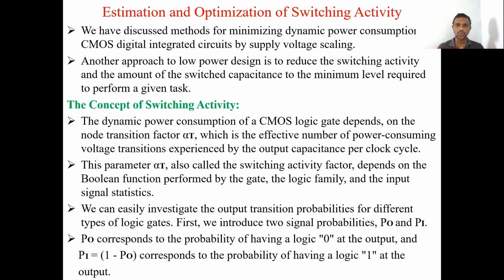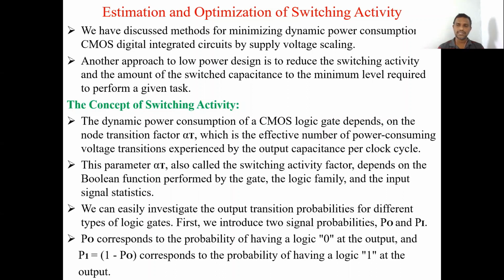Here we have only two possible values at the output, logic 1 and logic 0. So if the logic 0 probability is P naught, then the logic 1 probability is equal to 1 minus P naught. We all know the basics of probability, which is what we are going to use here.